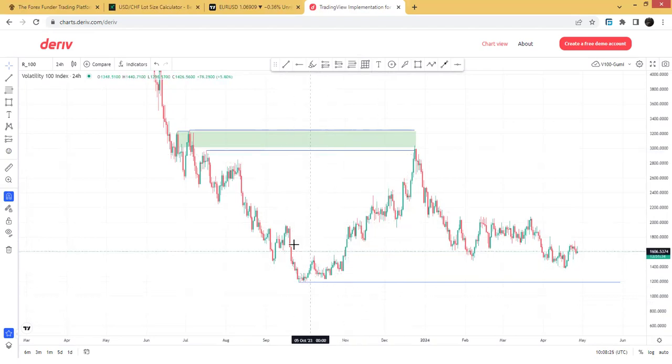There's something I'm currently studying now, and if I get it right and I backtest it, then I'm going to be showing you guys. But a bullish QM would have formed in here.